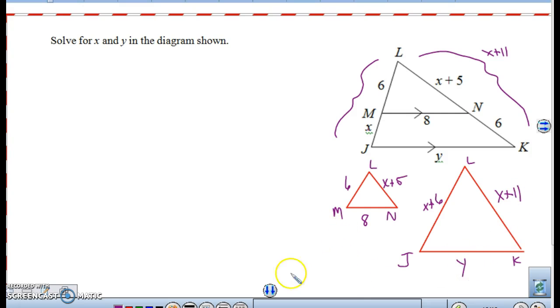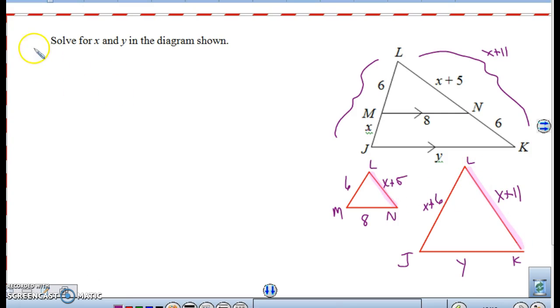All right, so let's find the value of x. Remember, when the sides of the triangles are similar, because of the parallel lines, it makes 2 similar triangles. The sides are in proportion, so we need a side that we know the ratio of. All right, so comparing our sides, what ratio do we have? Let's do the ones that deal with the x's. So we have LN, which is this side right here, will correspond to LK.